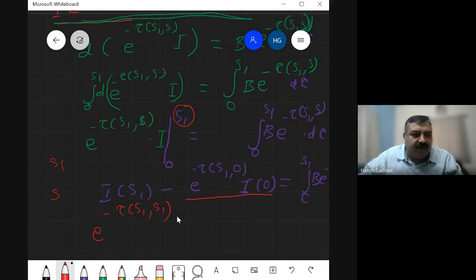So S1 equal to S1, then you have no physical distance. So what you had, d tau equal to K rho into ds or K into n into ds. This is your definition of d tau.